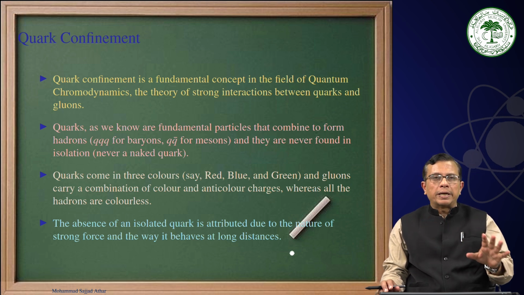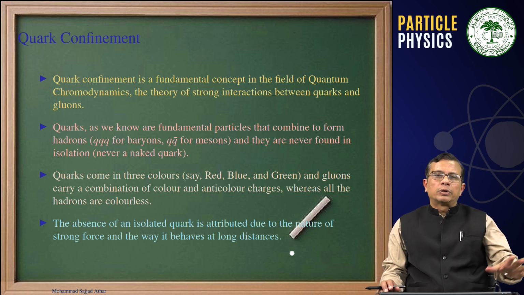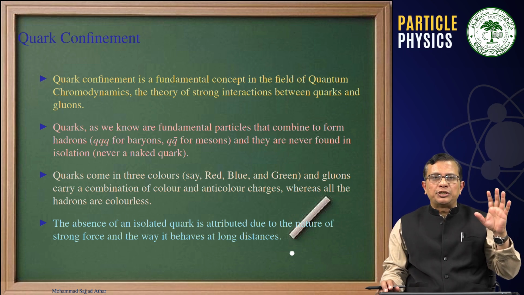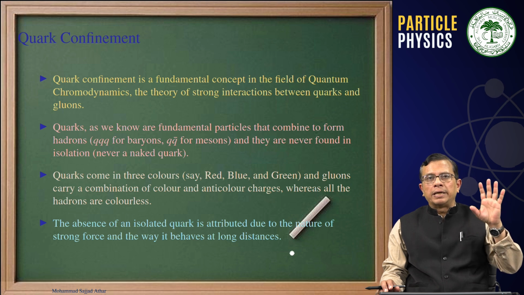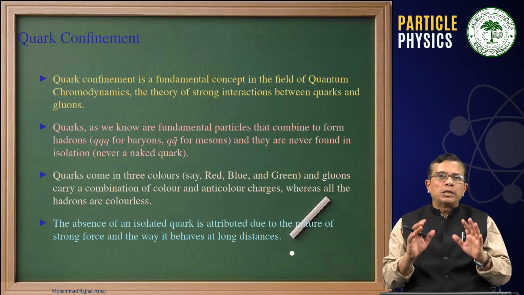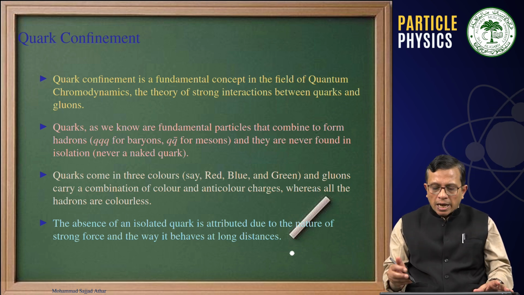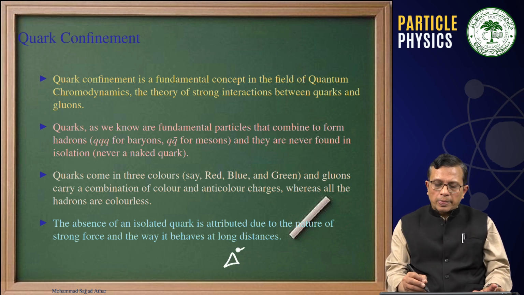You may call it by any name. Generally in the literature they are called red, blue and green, but you may call them Radha, Mohan and Shyam. You can call it by any other name, but the point is that all the quarks carry some color. And why was this introduced?